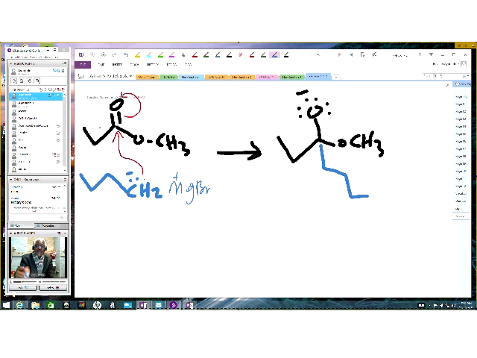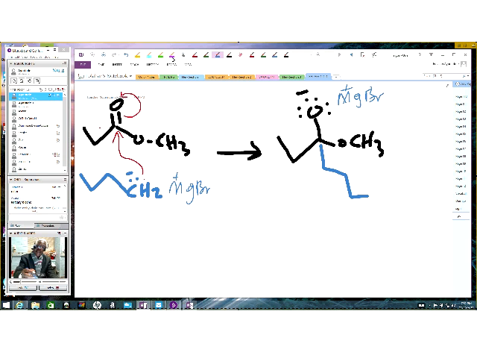Of course, just to show that we still have the magnesium somewhere, let us have the magnesium and bromine here somewhere. Okay, so now we form this intermediate.